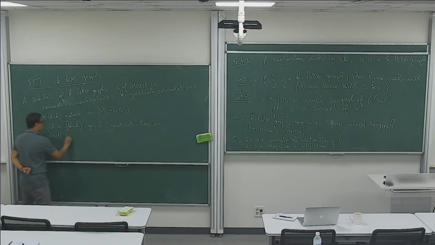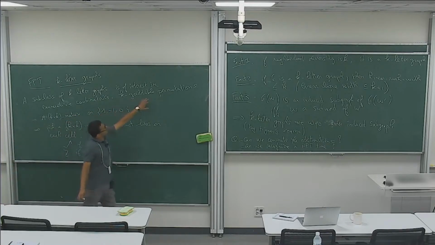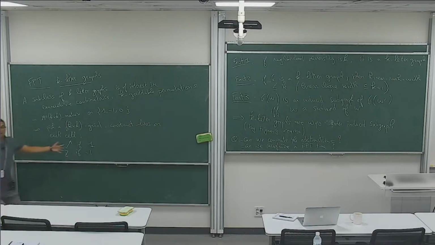The line goes up if the value is 1, you go down if the value is -1, and you don't care about 0. Then a permutation is k-readable if you can write down the permutation following these lines, going up and down.